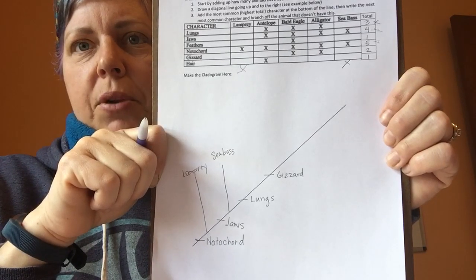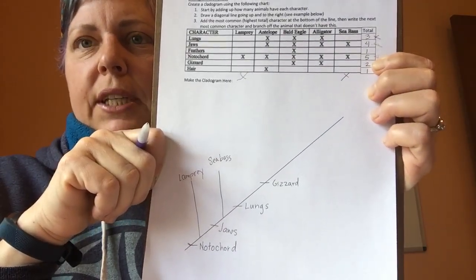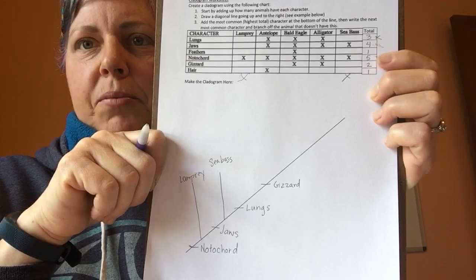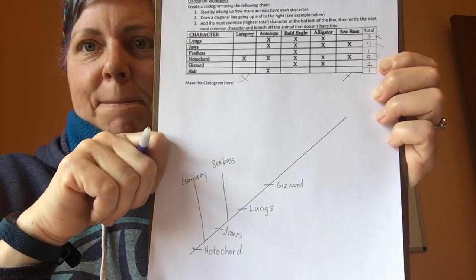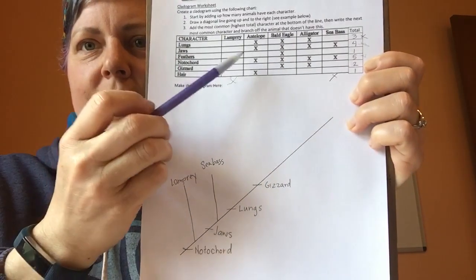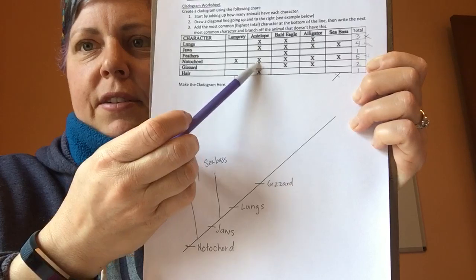So in looking at what we have left, we have an alligator, a bald eagle, and an antelope. Does one of them not have a gizzard? And you should see that our antelope does not have a gizzard right here.